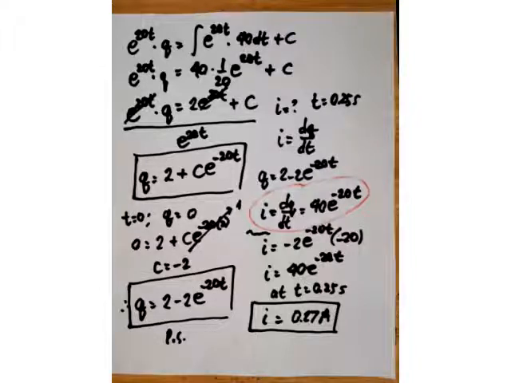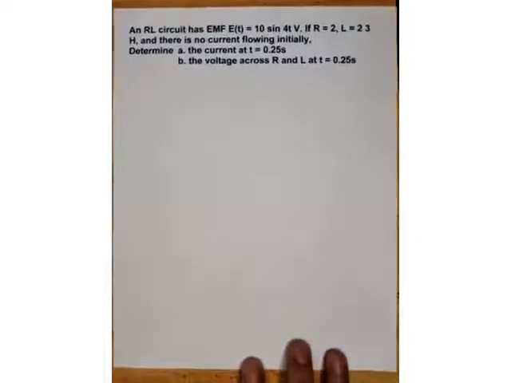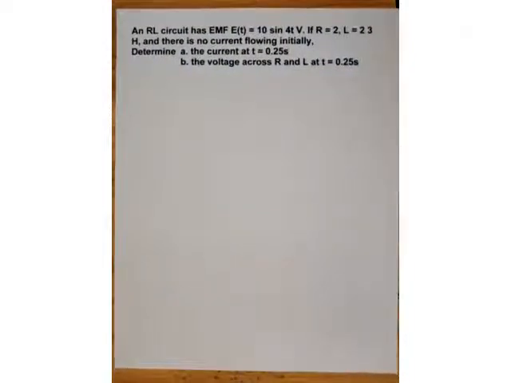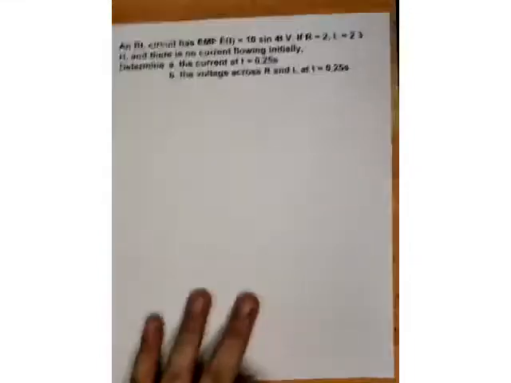Okay. So wala na. We'll proceed to our next example. Okay, so that's 2/3 Henry.